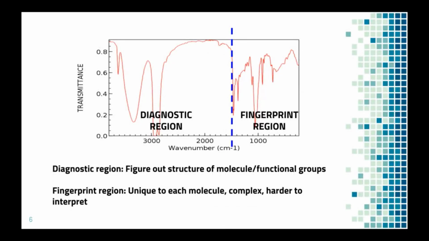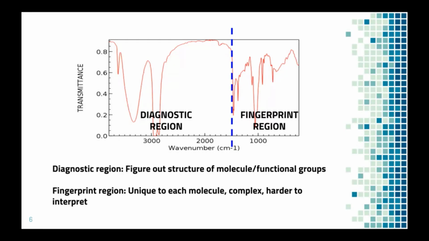When we break down the IR into two regions, there's basically a cutoff point at around 1500. Below 1500 is what we call the fingerprint region. This is unique to each molecule. It is generally quite complex and harder to interpret, so we don't typically look at a whole lot of signals within the fingerprint region.